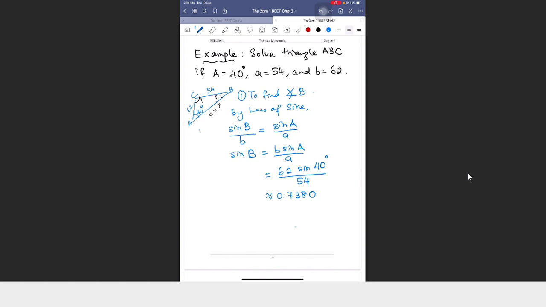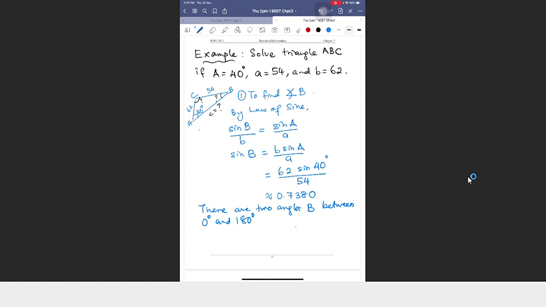So that means you need to consider two angles, one in quadrant 1 and another in quadrant 2. There are two possible angles B between 0 degrees and 180 degrees for which sine B equals 0.7380.